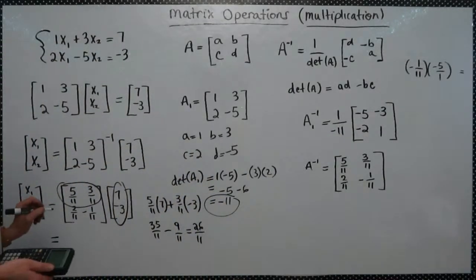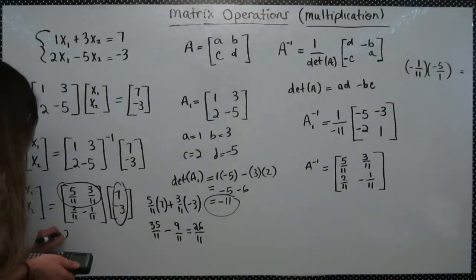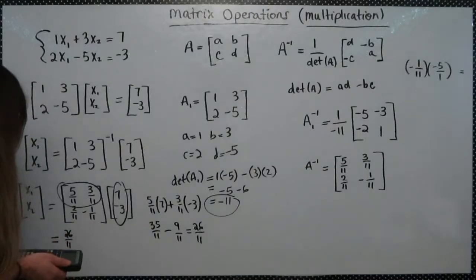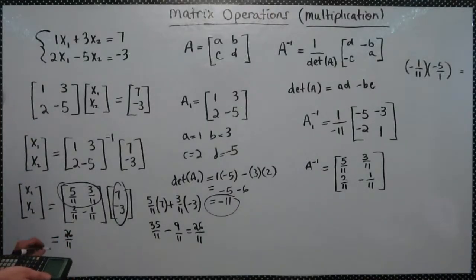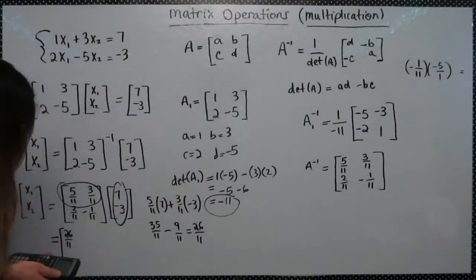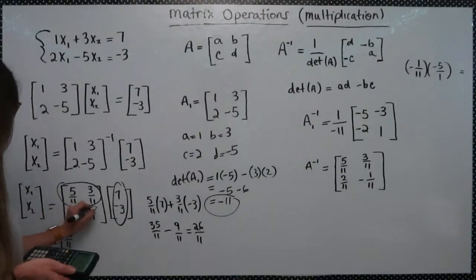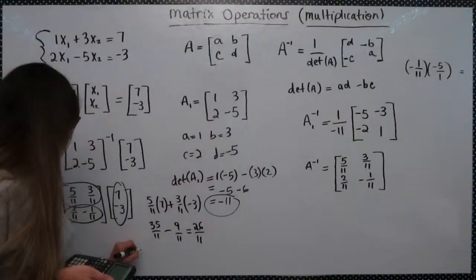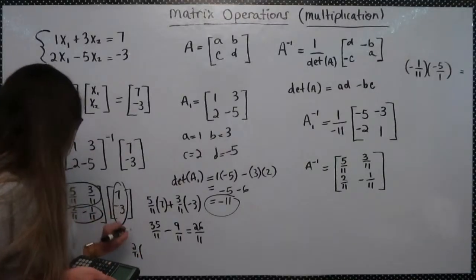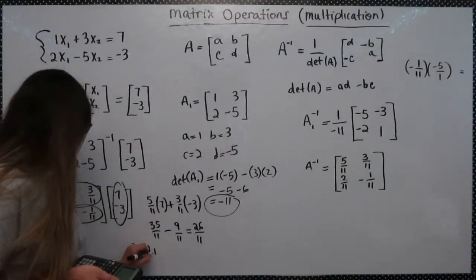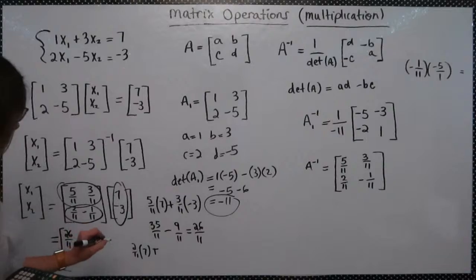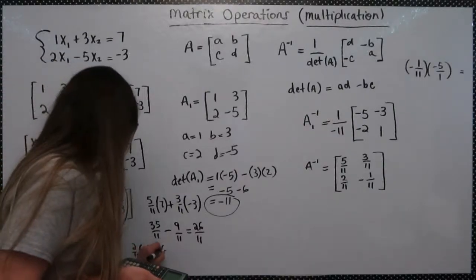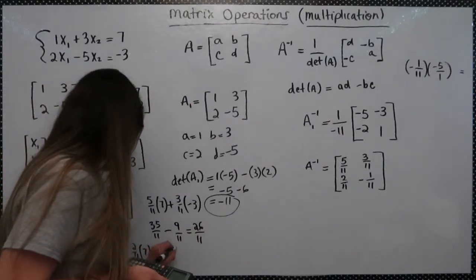And then the resulting one, this one will be 2 over 11 times 7 plus negative 1 over 11 times negative 3.